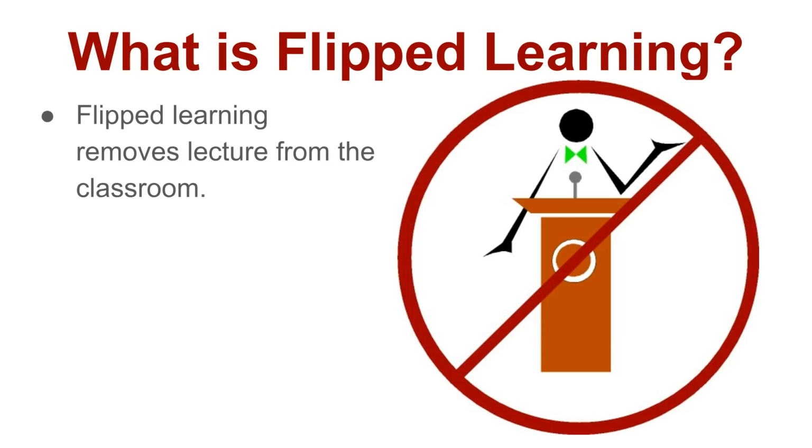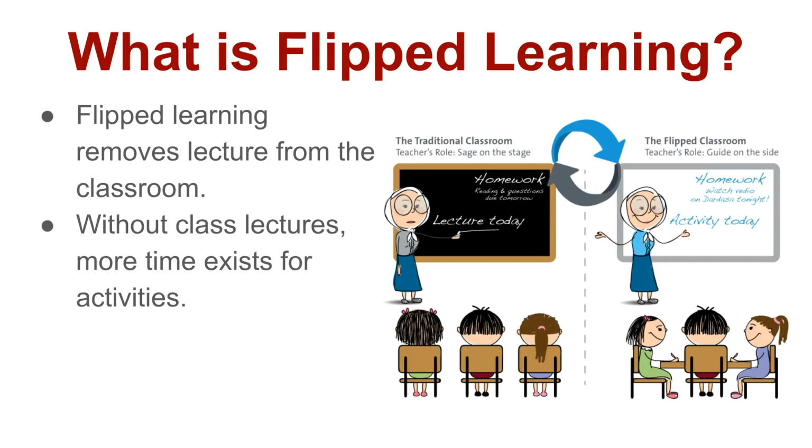So, the solution to that is flipped learning. What flipped learning does is it removes the lecture from the classroom. No longer this big info dump session where I am standing up and talking at you for 20, 30 minutes. Without this lecture, we now have freed up a lot of our class time to change the role.